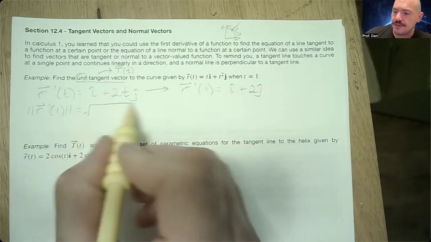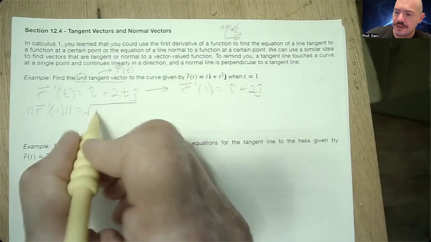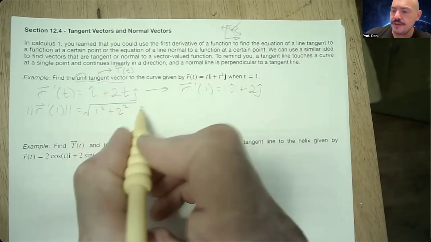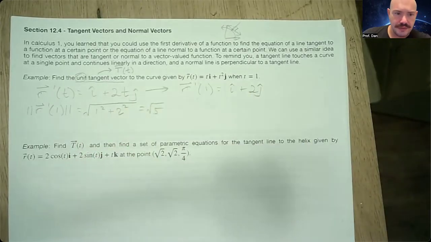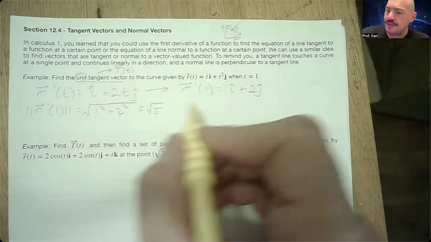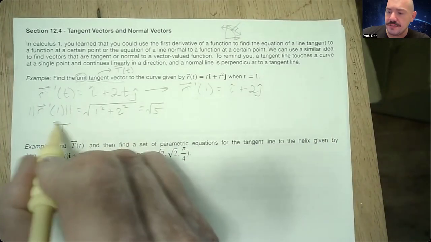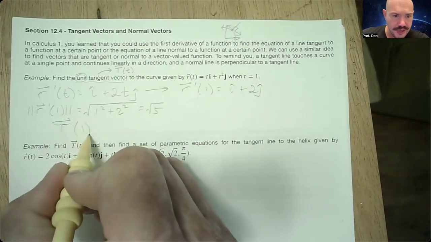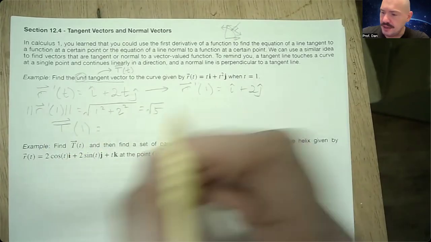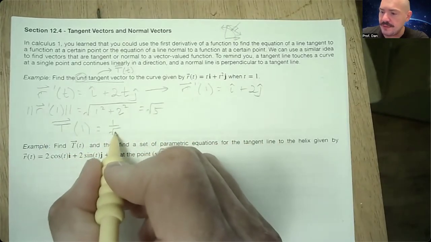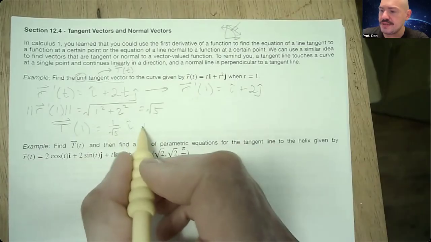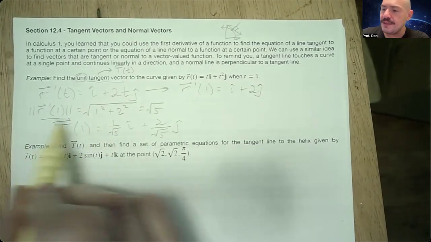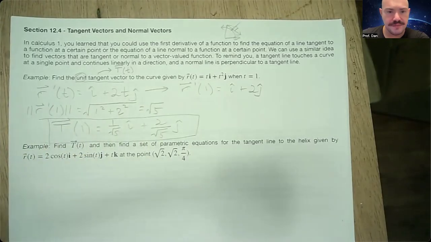So we take the square root of x component squared, 1 squared, plus y component squared, 2 squared, which will give us the square root of 5. And that means that my final answer, so this is going to be my unit tangent vector when t is equal to 1, is 1 over square root 5 i plus 2 over square root 5 j. And that is the answer to that question.